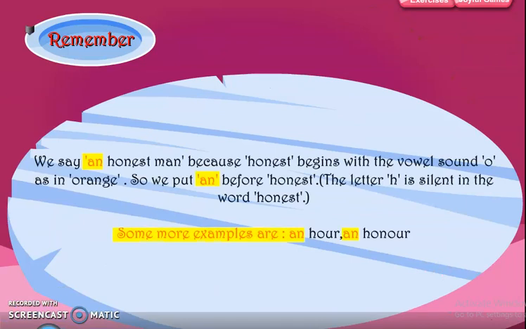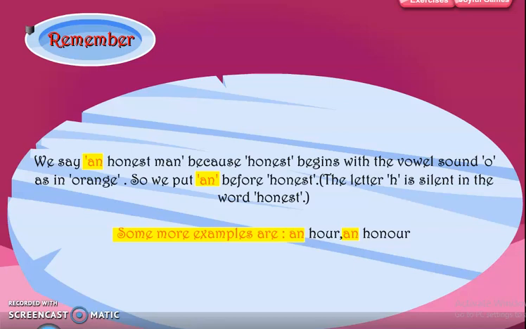Remember, we say an honest man because honest begins with the vowel sound o, as in orange. So we put an before honest. The letter h is silent in the word honest. Some more examples are an hour, an honor.